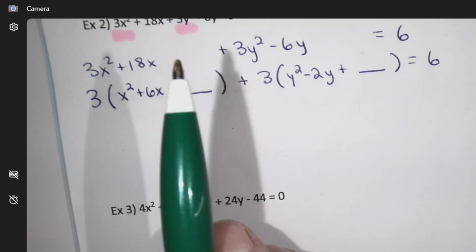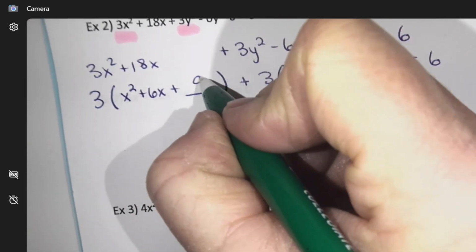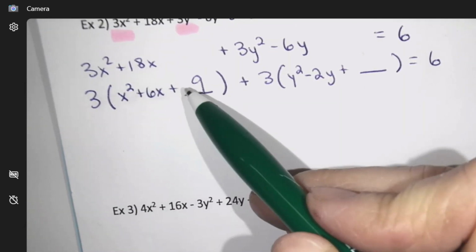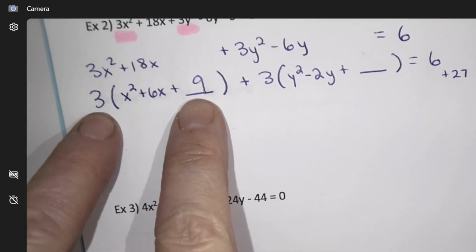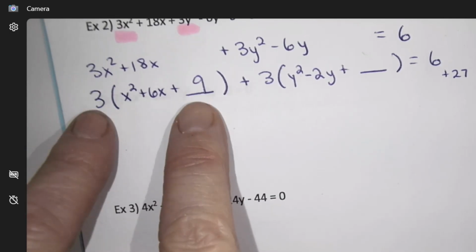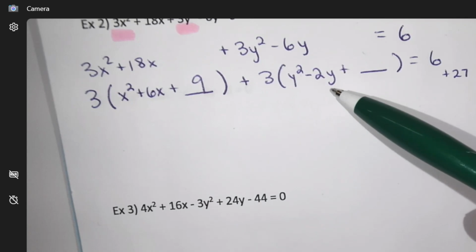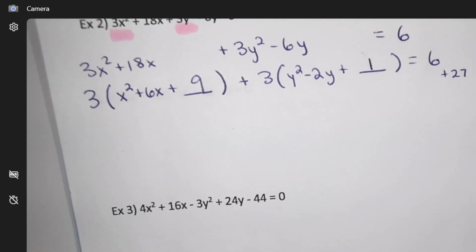Okay, here we go. Half squared is 9. To balance that creation, I have to add 27 to the other side. Because this is an add 27, foiled out, it's add 27. Half squared, you get a 1.